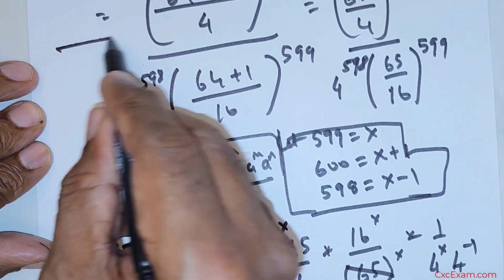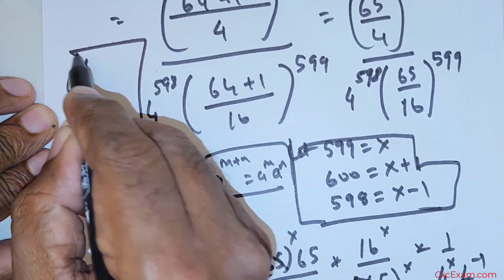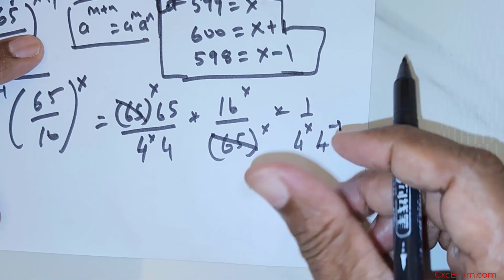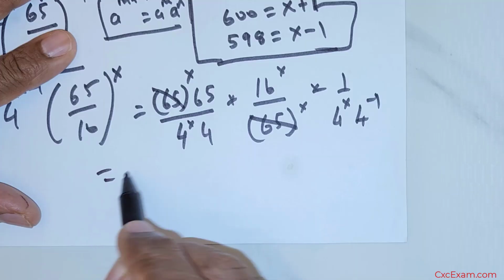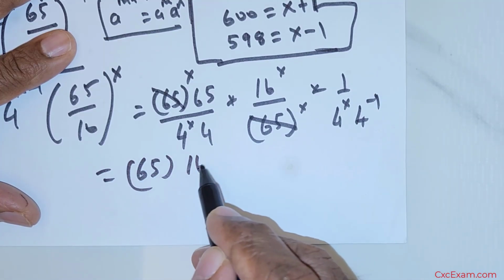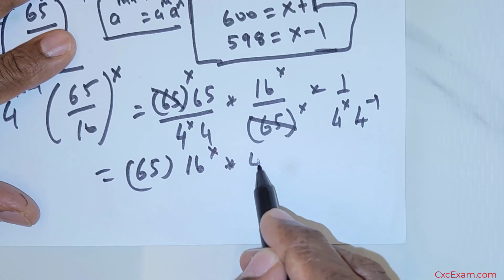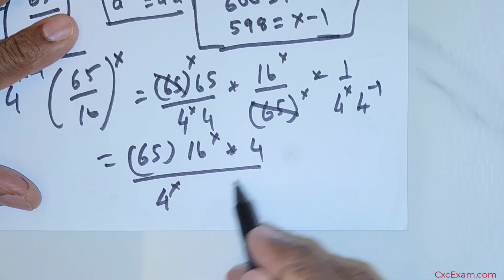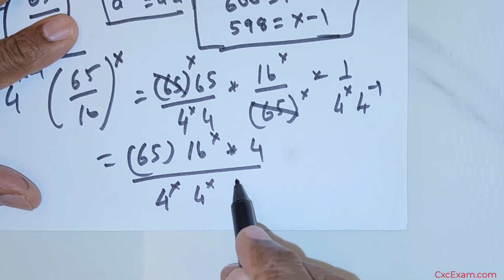Now just let me utilize the space here. 4 raised to the power of negative 1 is 1 over 4. So if you were to have 1 over 4, you can flip it, and that would go to the numerator. So let me rewrite this as 65 times 16 raised to the power of x multiplied with 4 divided by 4 raised to the power of x, and you have a 4 raised to the power of x, and you have a 4.